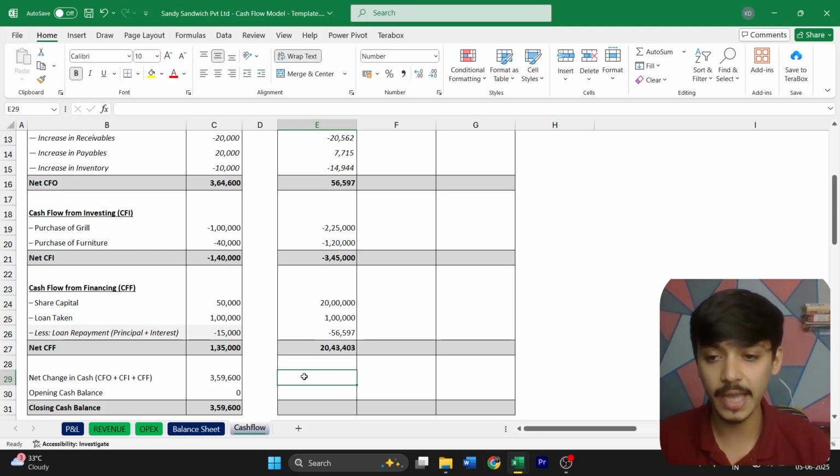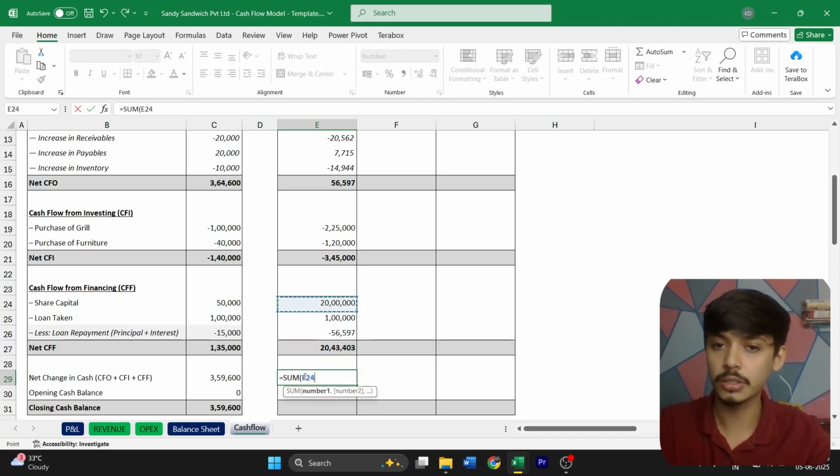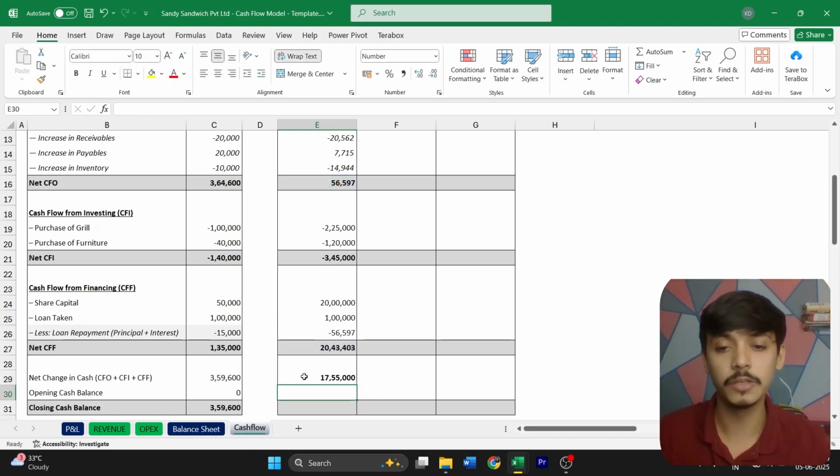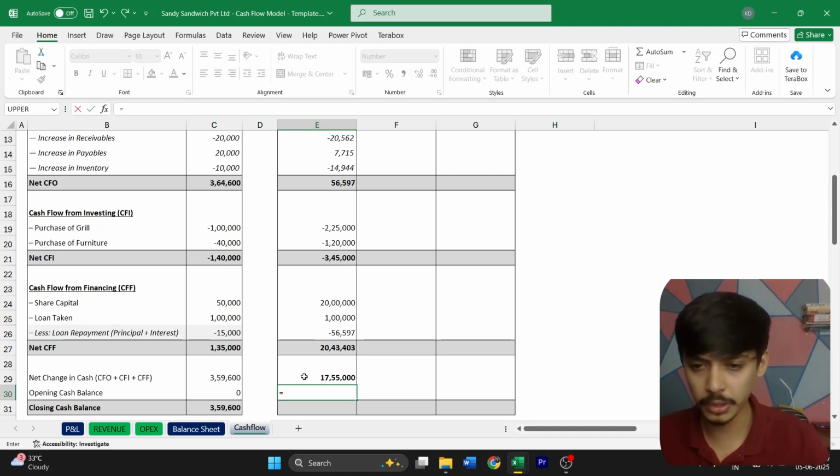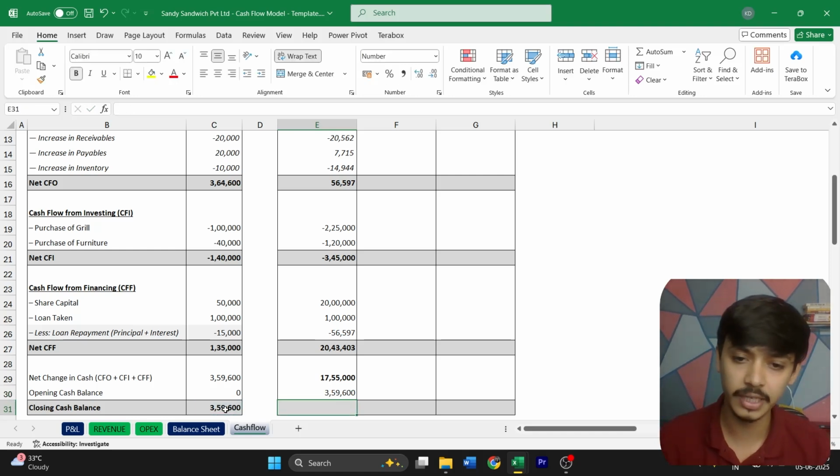The net change in cash is equal to cash flow from operations, cash flow from investing, and cash flow from financing. So we will sum these three elements up, which is CFO plus CFI plus CFF, which gives us 17 lakh 55,000. And we have the opening balance of cash, which is the previous year's closing balance. So we will directly plug it from the previous balance, which is 3,59,600.